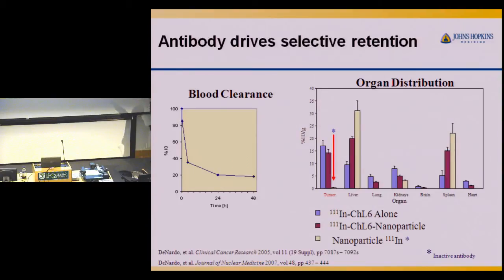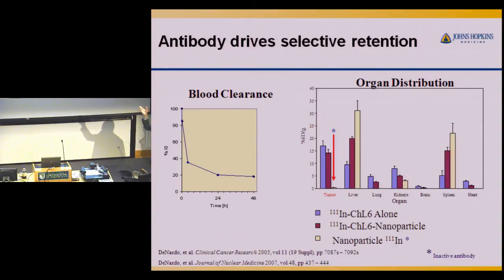And so what you see is the results of 3 sets of data across several organs. The purple, the antibody alone. The red, antibody nanoparticle construct, functional antibody nanoparticle construct. And the yellow, the antibody nanoparticle construct where the antibody is not functional.